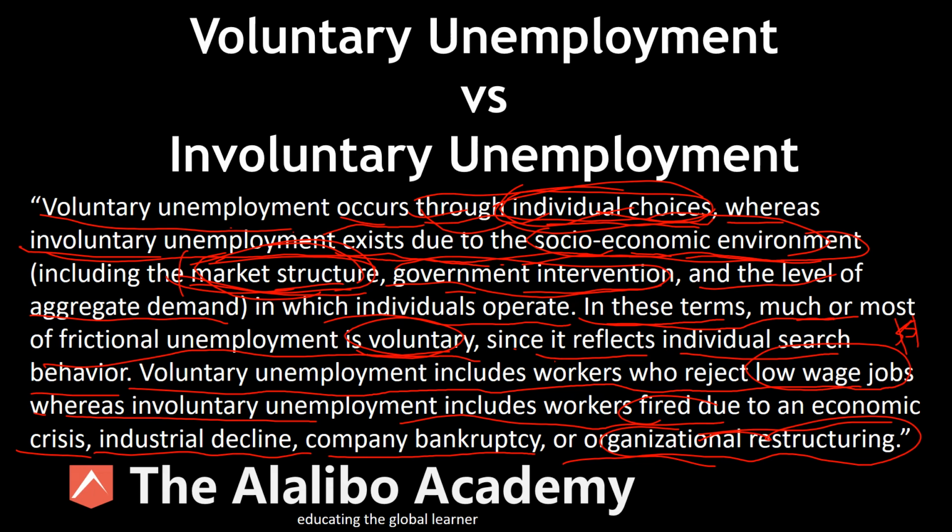Maybe high taxes. Companies have to pay high taxes, and they have to lay off workers to meet that responsibility, or they've been charged with misconduct, and they have to pay their clients huge sums of money. They have to lay off some workers so that they can meet that court judgment or whatever the case may be.